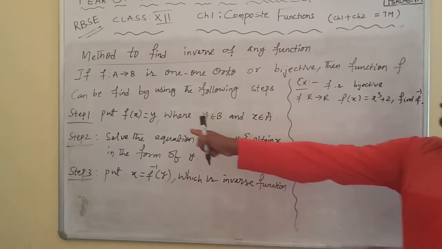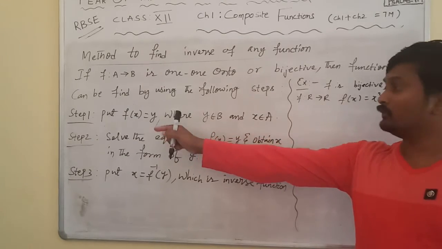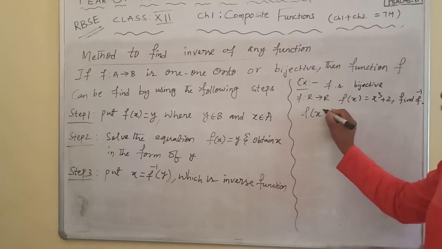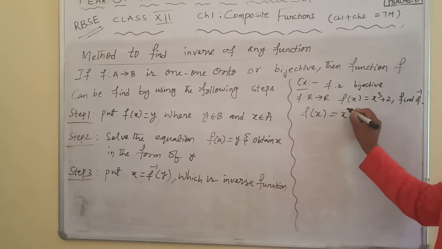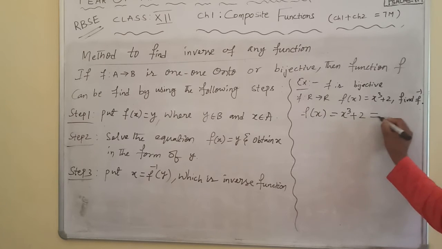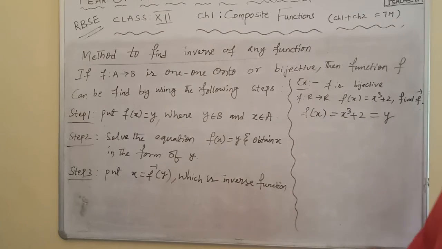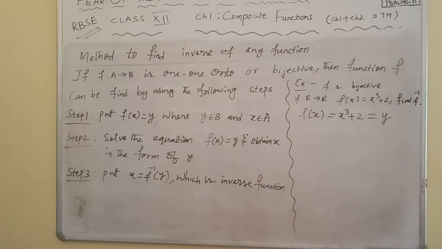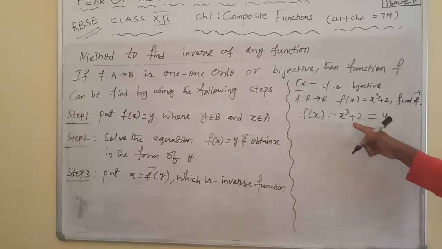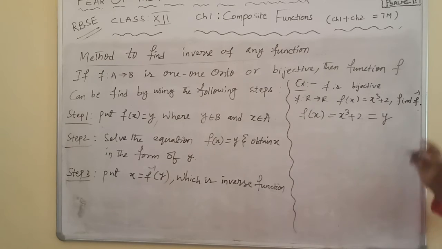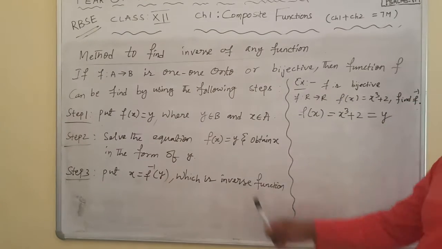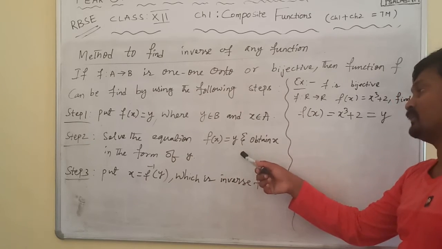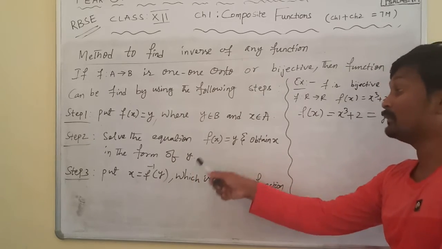Now what is the first step? Put f of x is equal to y. So let me write what is here. F of x is equal to x cube plus 2 is equal to y. And second, what they said: solve the equation f of x is equal to y and obtain x in the form of y.